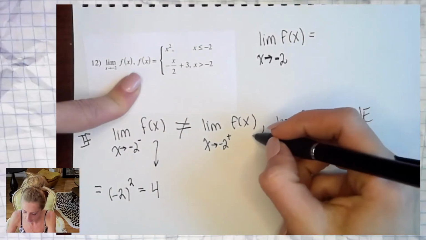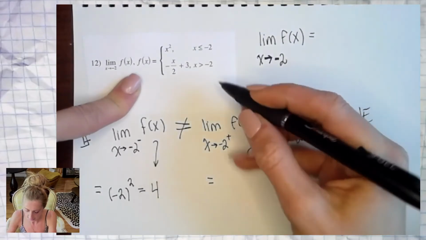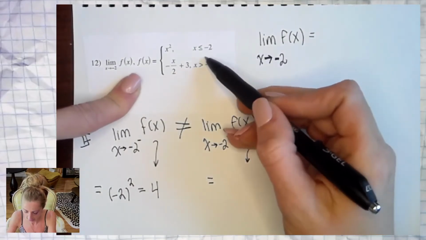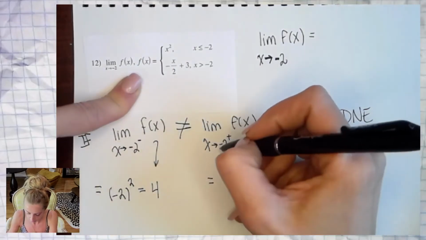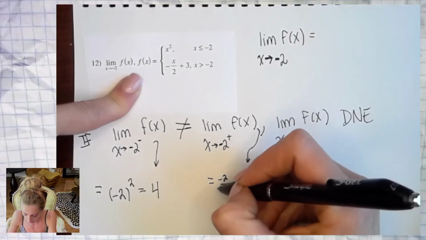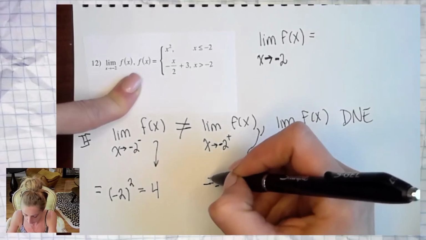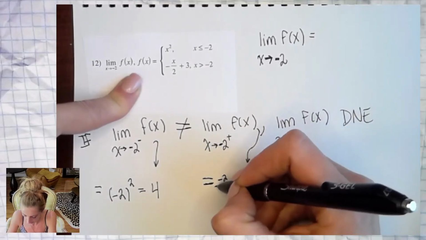Now, as we approach negative 2 from the right, x is greater than or equal to negative 2, that's the right. So let's direct sub in there. Negative 2 is going in my numerator, but I had a negative out front. I'm just going to make those longer so they don't look like a negative. That's a negative, and that's a negative.